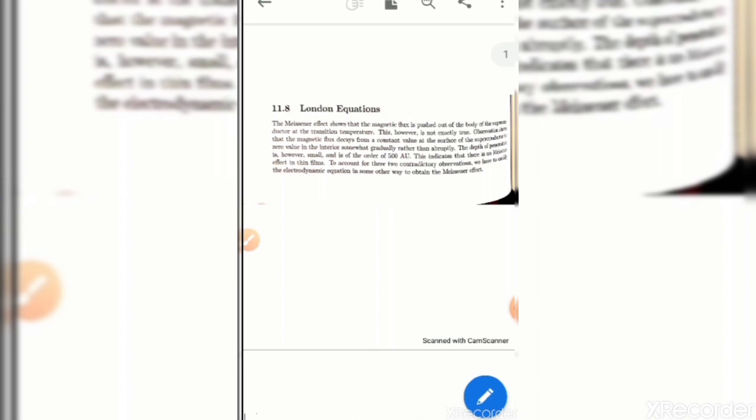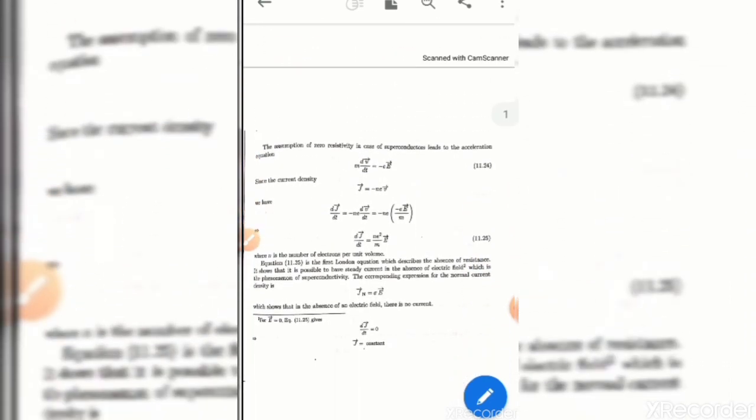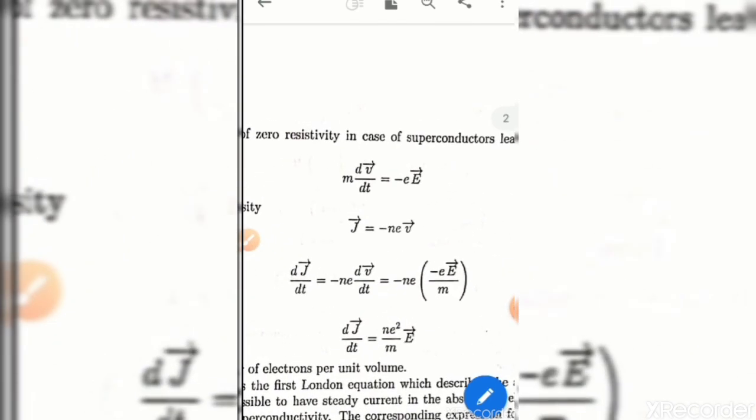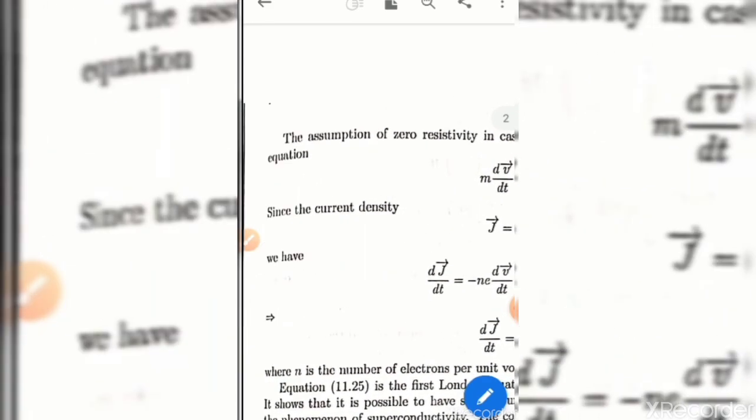To understand the mathematics behind it, we start with the acceleration equation. Force is equal to mass into acceleration, so m dv by dt is equal to minus eE, where E is the electric field and minus e is the charge on the electron moving within the specimen. The current density is defined as J equal to minus nev.